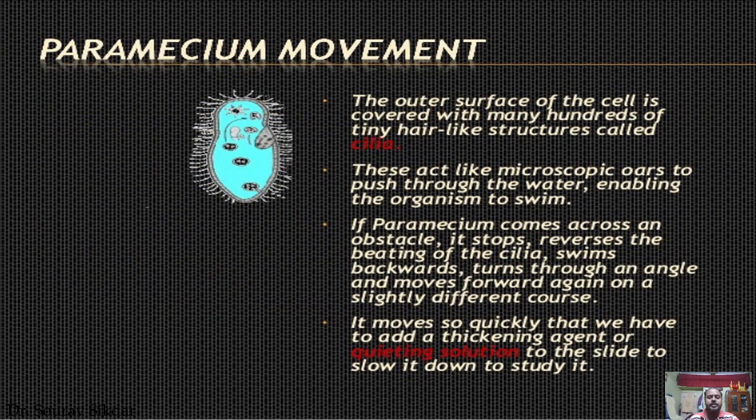Now, the movement of Paramoecium. As we know, they are living in fresh water. So, as they have a very important type of cell organelle, the locomotory organ, the cilia, they can easily swim. Like big grasses in the presence of wind, they can move from right to left or left to right, like the oar of a boat.